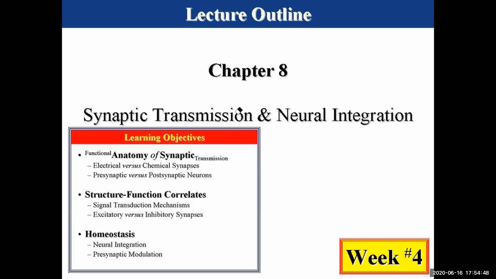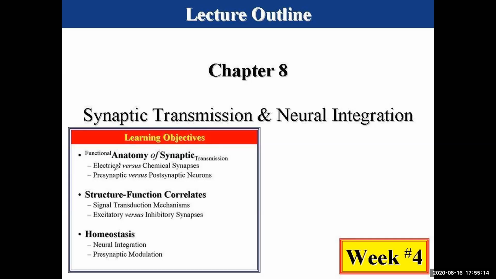So for the learning objectives, we're going to go over the same three pillars again. We're going to revisit the functional anatomy of a synapse. So we're going to go over electrical synapse and chemical synapse again. We're also going to visit what is in front of the synapse and what is after the synapse.